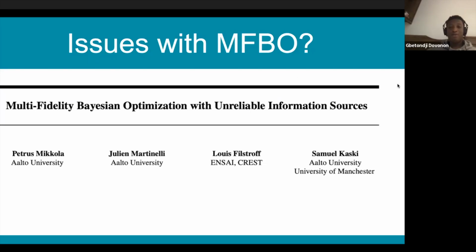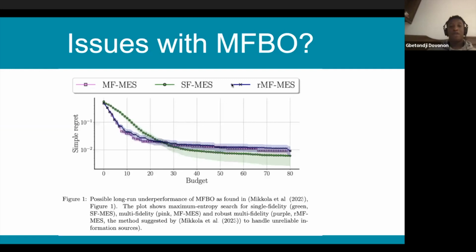But in this paper, they have this very interesting plot here. You can see the maximum entropy search algorithm, its single fidelity variant and its multi-fidelity variant. The interesting thing you will notice on this plot is that the multi-fidelity variant is much better until a budget of approximately 25.